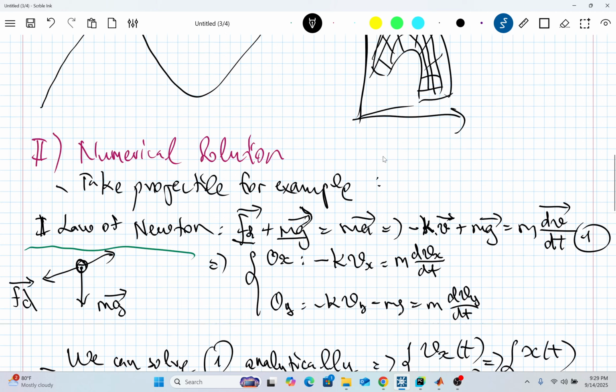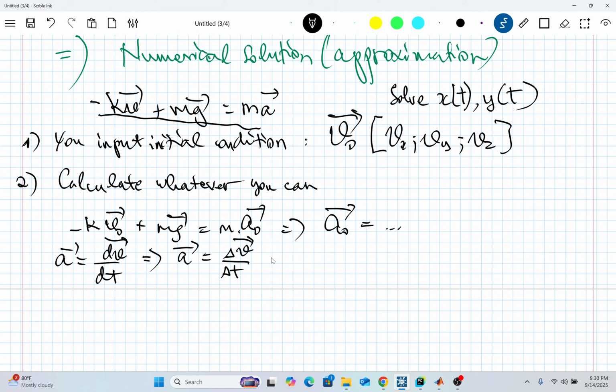It means that instead of writing this infinitesimal delta, you will change this to a equals delta v over delta t, and delta t is finite. You can use something like 0.001 seconds, for example. This is called the time step. Okay, time step.